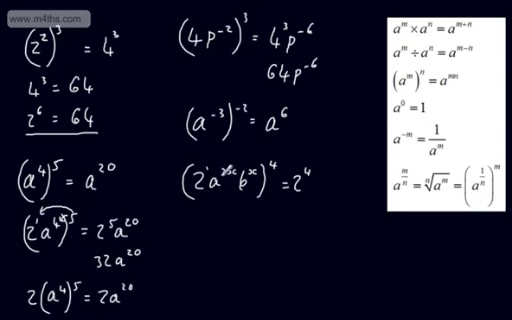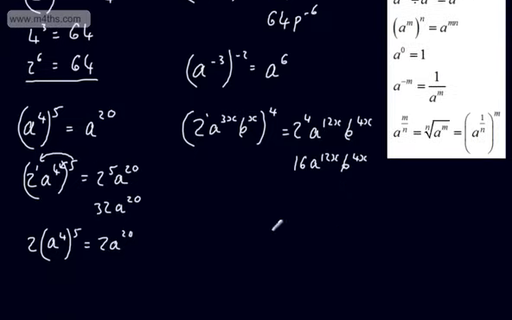I'm going to have a to the power of 12x, 4 times by 3x, so we're going to get 12x. And then finally we're going to get b to the power of 4x. So if I wanted, I could write this now as 16 a to the power of 12x, b to the power of 4x. So we're just using the rules of indices now to make this easier.